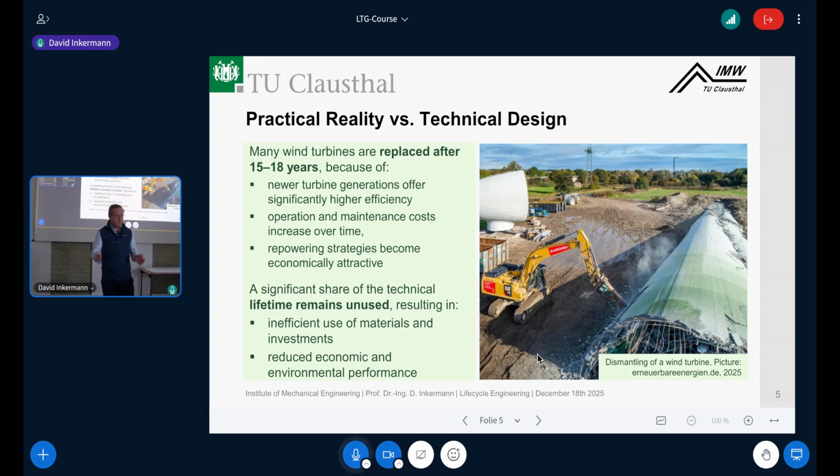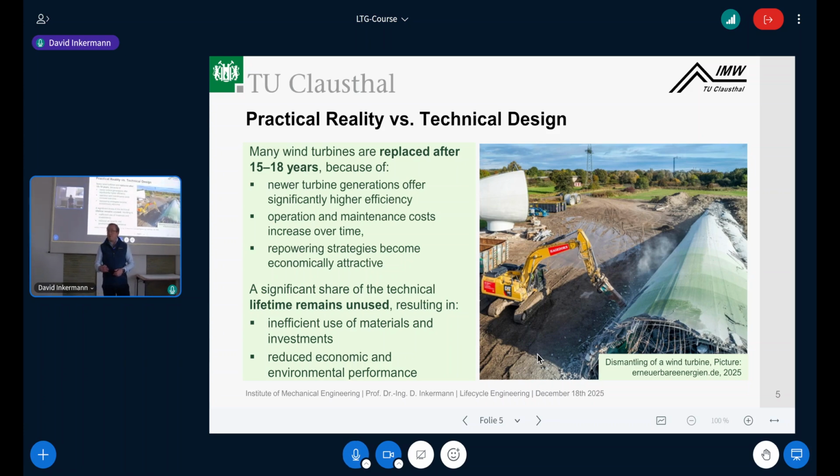And there are different reasons, I just picked three. On the one hand, there are newer generations which might be more efficient. There is operation and maintenance, which becomes more cost intensive with increasing lifetime.